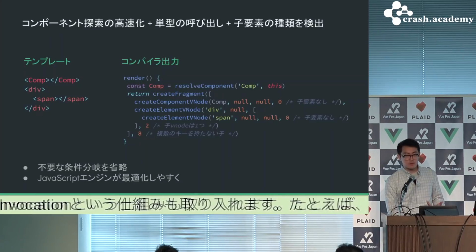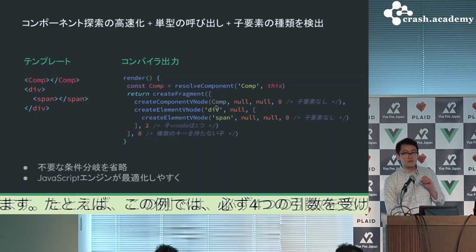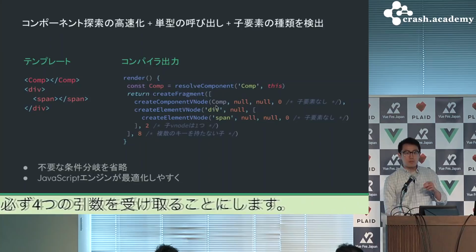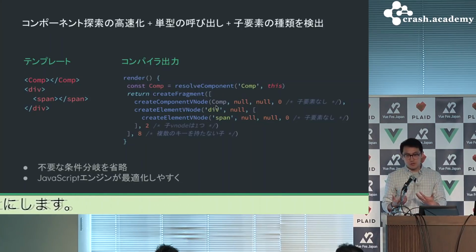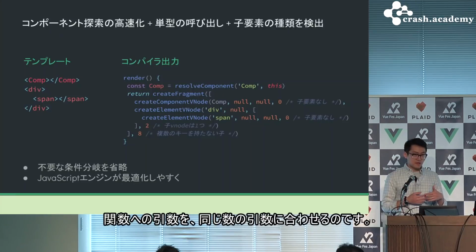If you have attributes, you will pass an object. By always having the same number of arguments, this function will have less variance, fewer differences internally. So the JavaScript engine will find it easier to optimize it. So we're making it easier for the engine to do just-in-time optimization, and this also greatly improves performance.